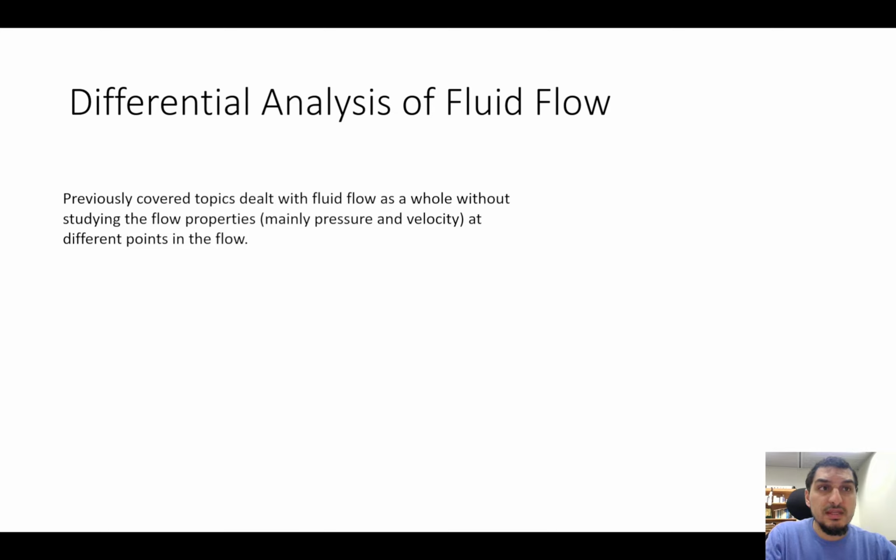Meaning that we had the pipe with a velocity profile, where the velocity is 0 at the sides and maximum at the center, and we did the calculations for the kinetic energy, for the velocity in the continuity equation, for whatever equation we needed the velocity as the average velocity.